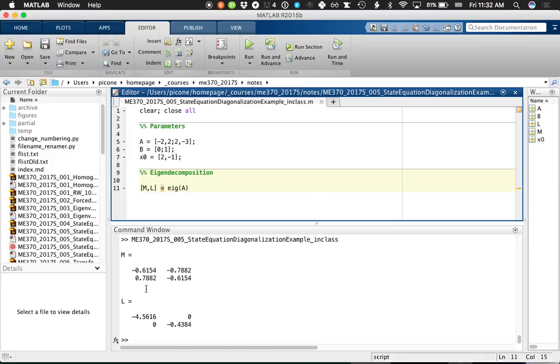So there's our eigenvector matrix, our modal matrix, and here is our eigenvalue matrix. So they have the same eigenvalue matrix as us, but their eigenvector matrix, their modal matrix, is a little different, right? But it's the scaling difference.